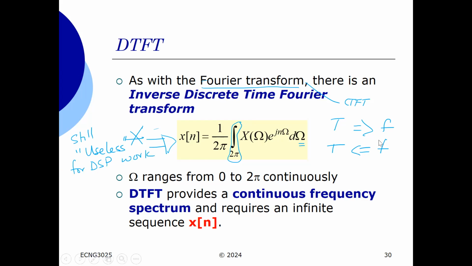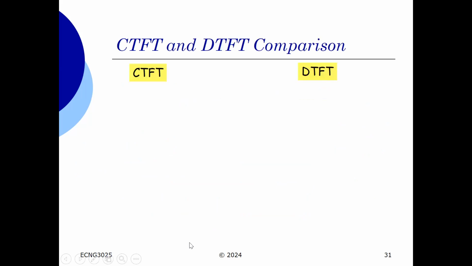We are seeing, first off, that the frequency range goes from 0 to 2 pi, and we know how to convert the 2 pi back to radians. And to be most accurate, it gives us a continuous frequency spectrum, and it requires an infinite sequence really to work. All right, so we're making progress, but it's still not quite as useful as we would like.